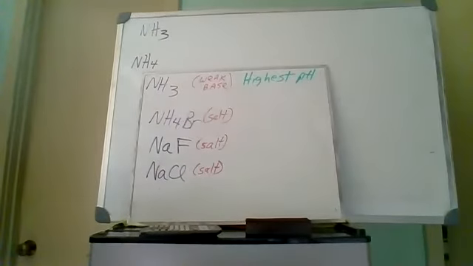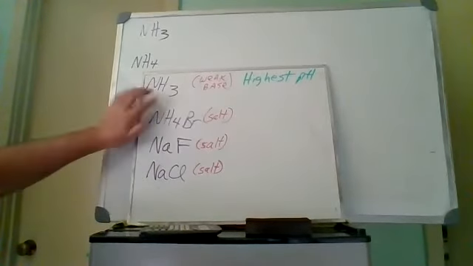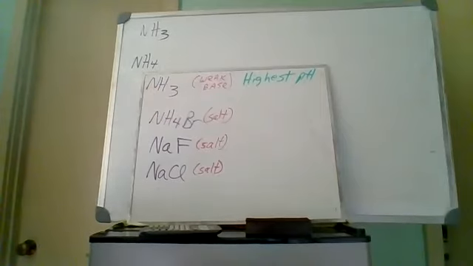Remember, from 7 to 14 is basic, 0 to 7 is acidic. So the higher the pH, the more basic. So this has the highest pH. Now, let's look at our salts.